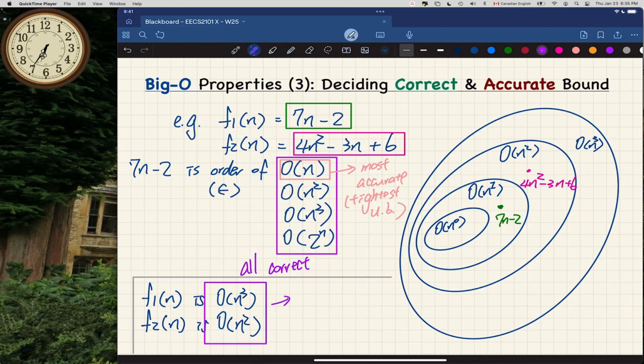Does that mean f2 of n is more efficient? No. No, because the big O of n cubed is not accurate for f1 of n.